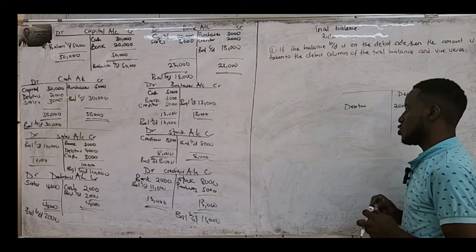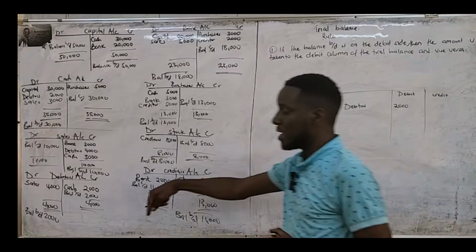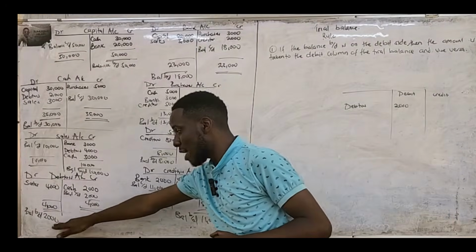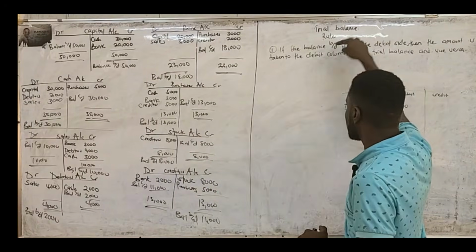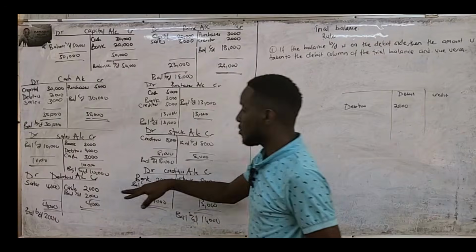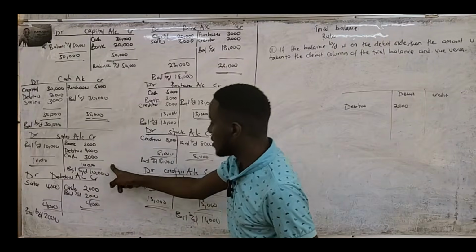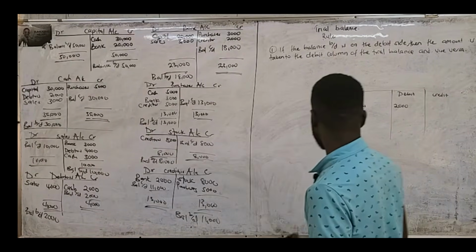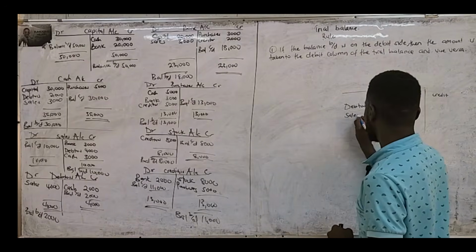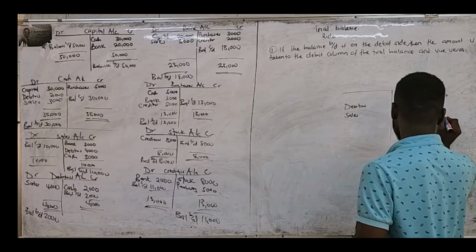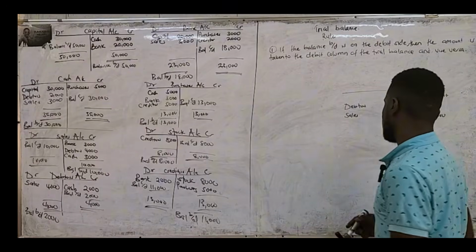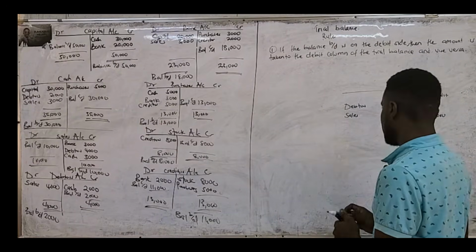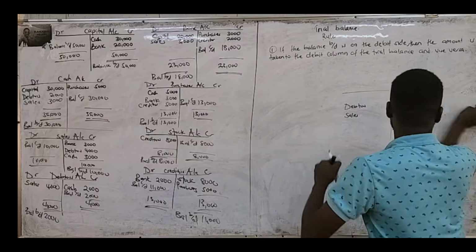Okay. So this is a rule that you should know, that when you balance off, it is the balance brought down, not carried down, that you take. Now, for example, the balance on sales is 10,000 on the credit. So you come here and say sales, and then you put 10,000 on the credit. So that's how it's supposed to be done. Now, mark that rule, and that's how you're going to execute it.